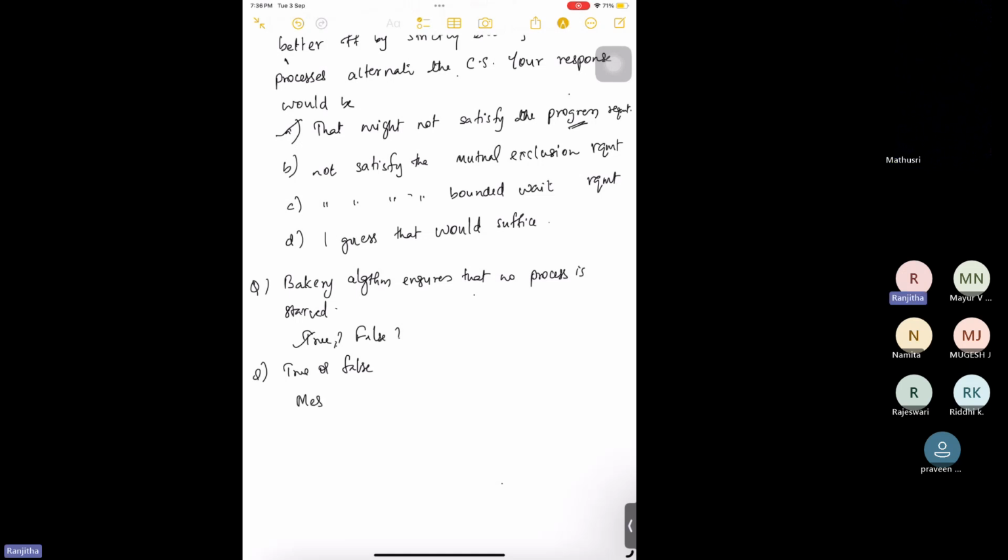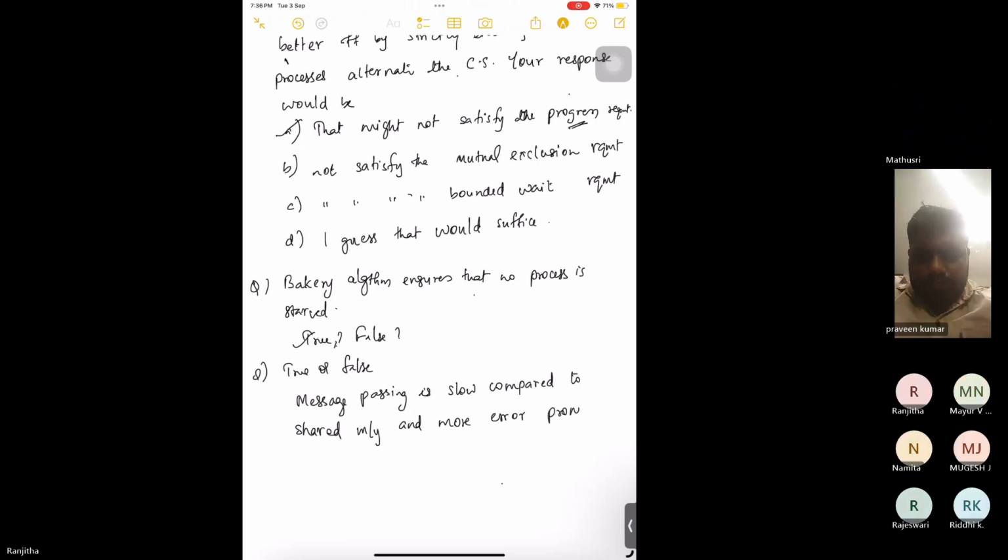Message passing is slow compared to shared memory. Is this true or false?